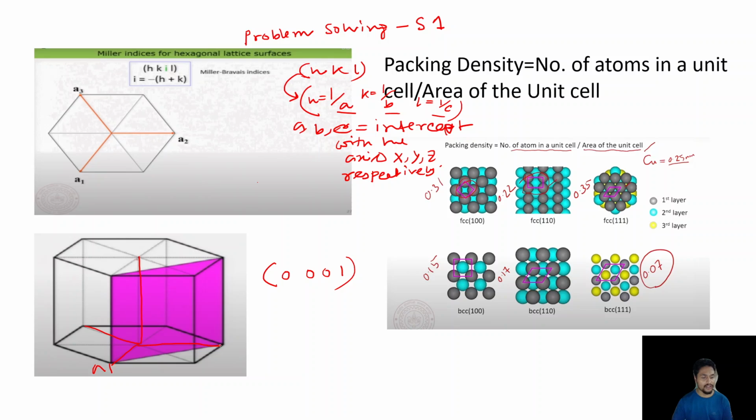Let's say this is A1 and this is A2 and this is A3. So this plane is intercepting A1 at 1, A2 at 1, but A3 at minus half, right? Because this direction is plus 1, but this direction is minus 1. So that means this is the minus half.